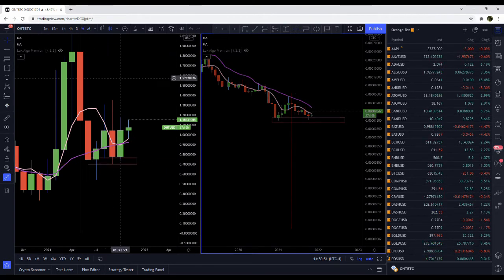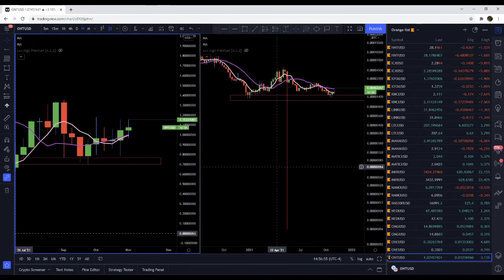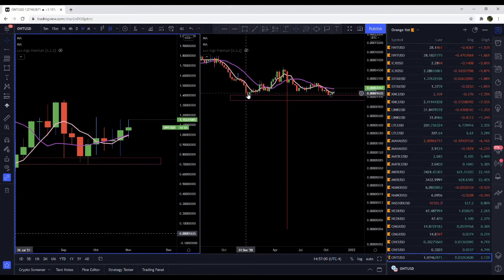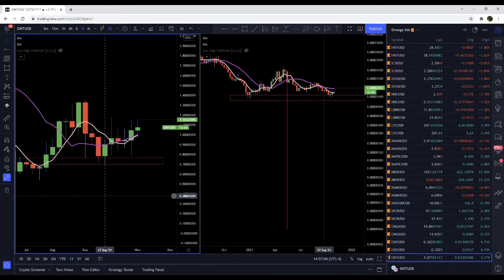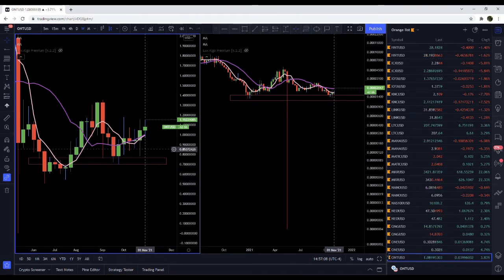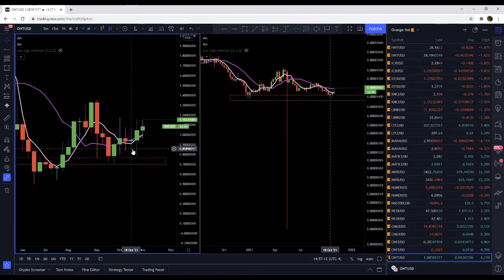Let's take that down to the weekly. So we do have this nice little double bottom that's formed here. Not looking too bad here.